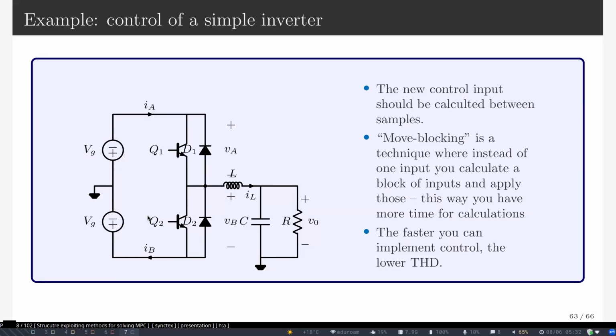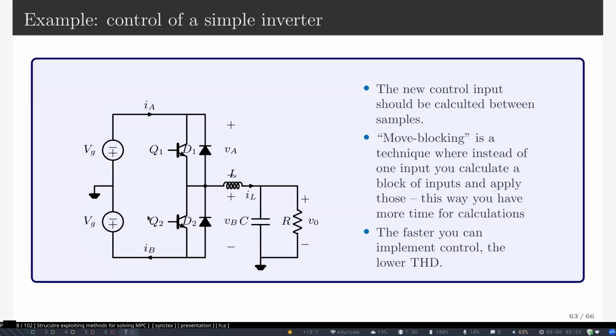So I write everything. I call this A bar, so it becomes A bar x bar plus B bar VG. So the average model is a linear dynamical system.